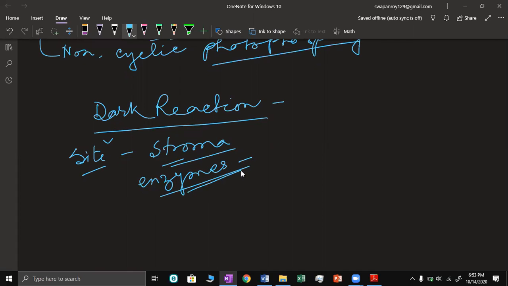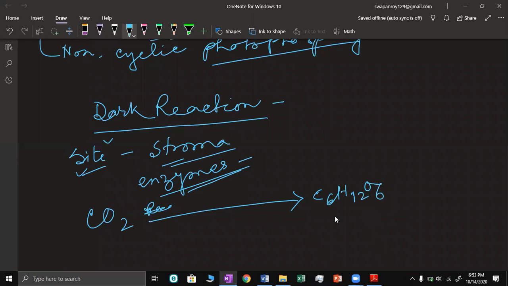And here the carbon dioxide is reduced to simple carbohydrate, glucose, fructose, and later on those are converted into sucrose, and finally it is stored as starch.